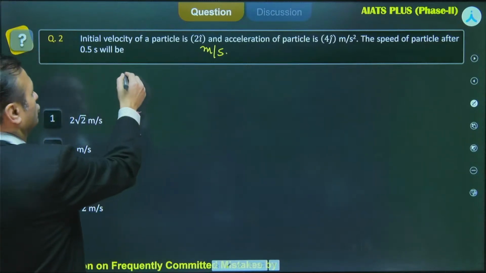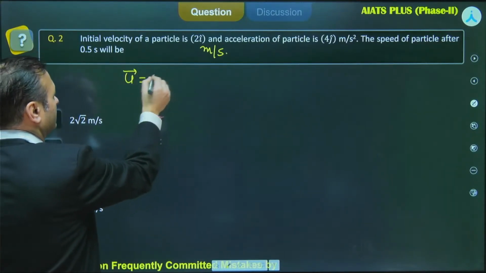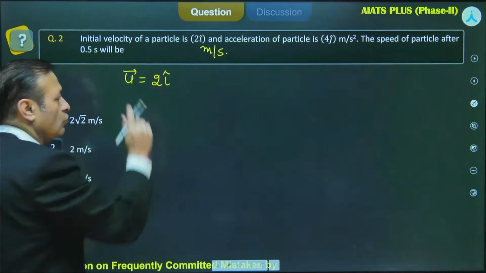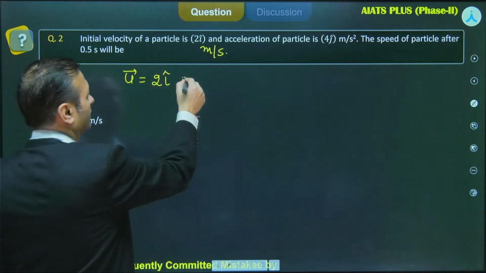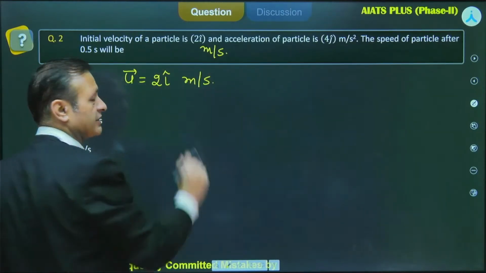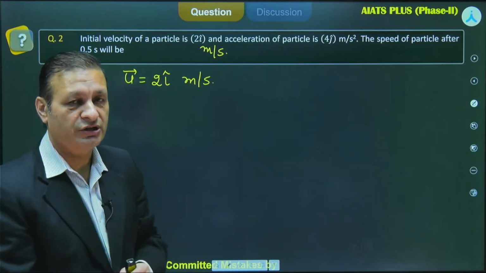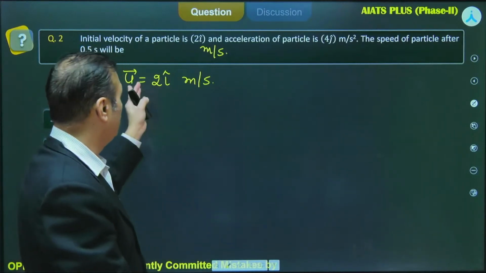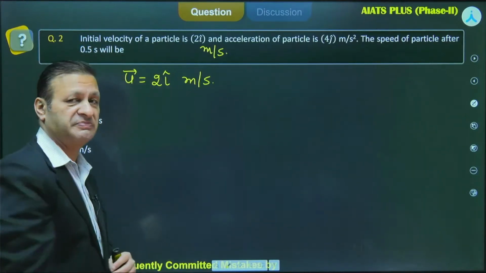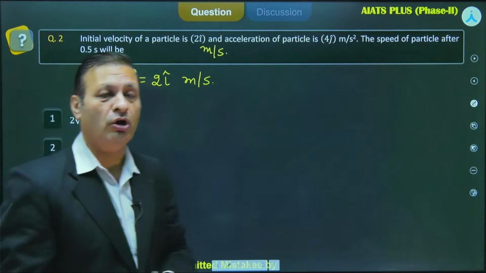So u is given to you as 2i, in meter per second. As you can see, this is basically the initial speed.